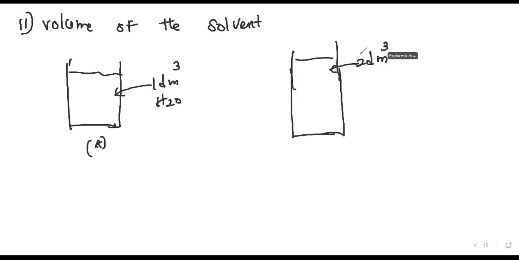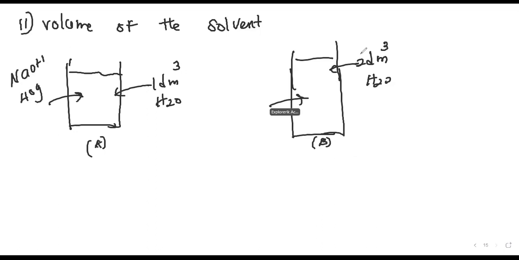Into both, I am going to dissolve the same thing, sodium hydroxide. I'm going to add 40 grams to the first beaker, and the same to the second beaker, 40 grams. Then I want to find out the concentration of both of them.